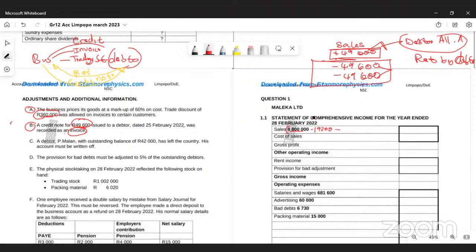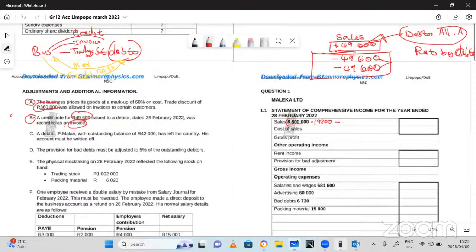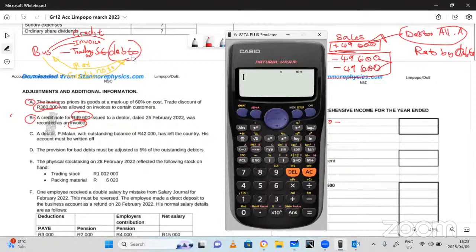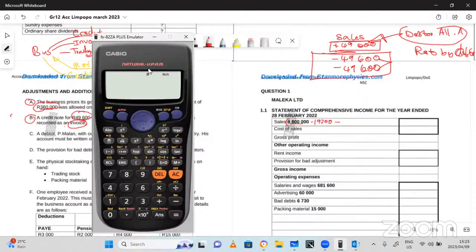99,000 and something. Sorry, okay, let me use this calculator over here. Let me open my calculator, guys. Okay, using my calculator, you go to your calculator, you press 49,600 multiplied by what?